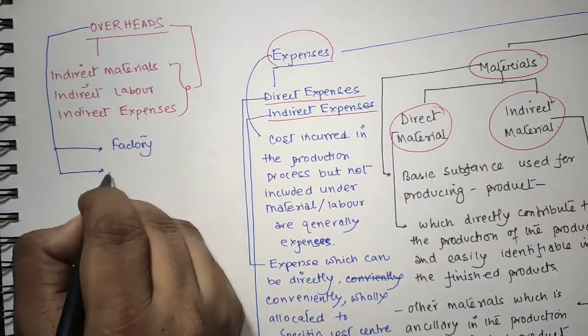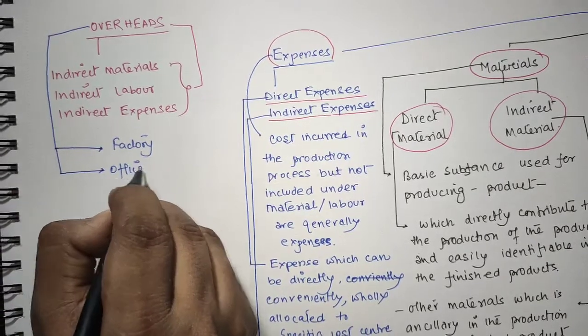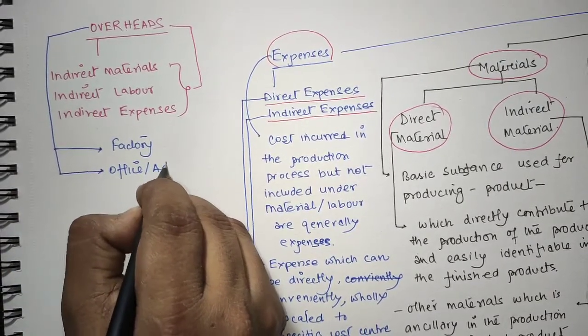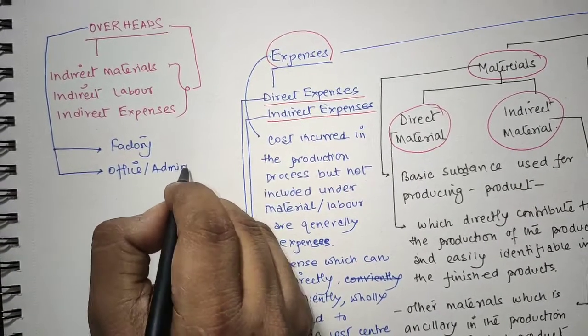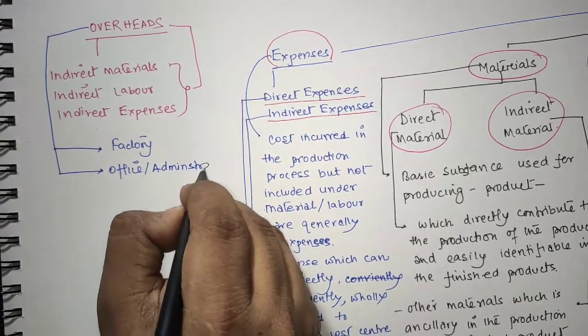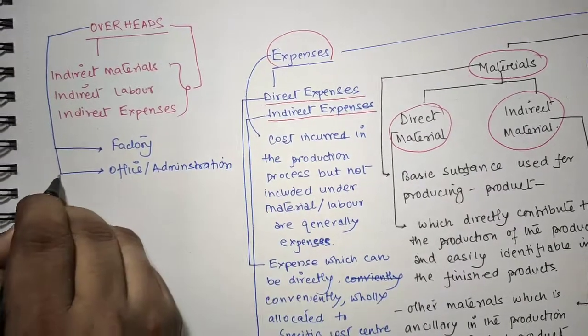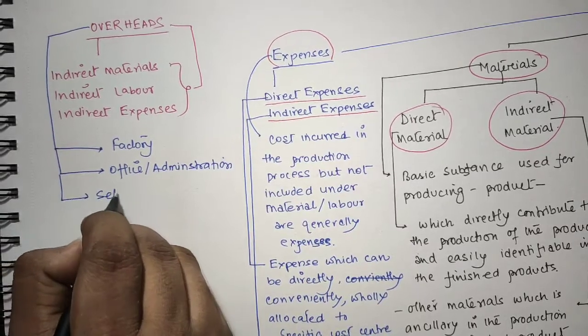Second is office and administration, and the third one is selling and distribution.